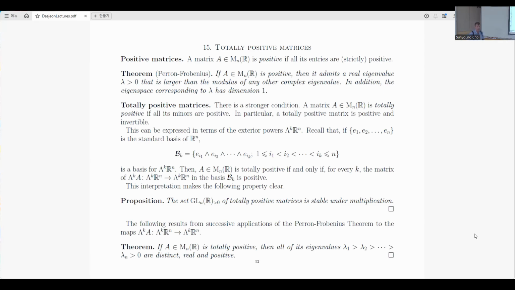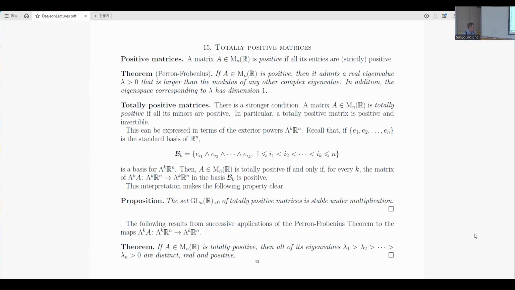That's the better way of understanding what this means. So there is a lemma: if you take two positive matrices, their product is positive. It's obvious if you know how to multiply matrices.